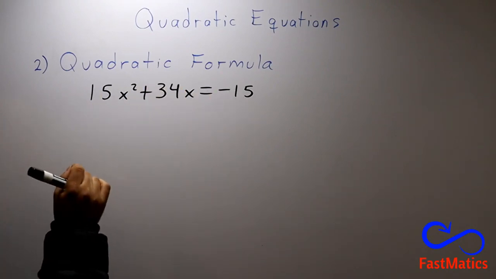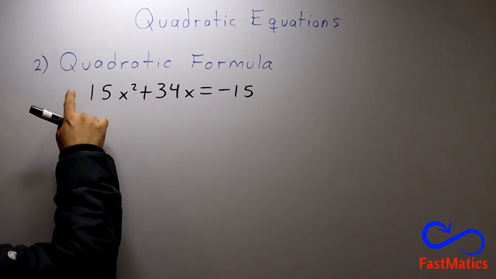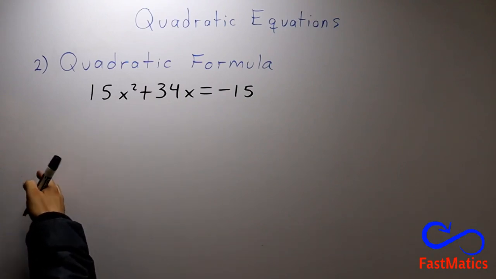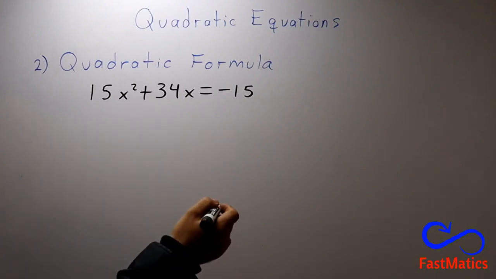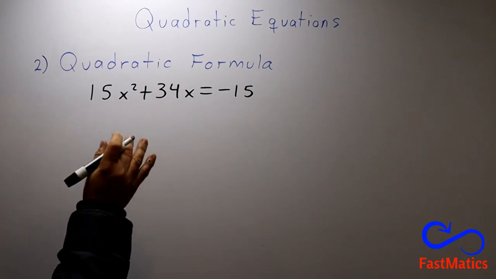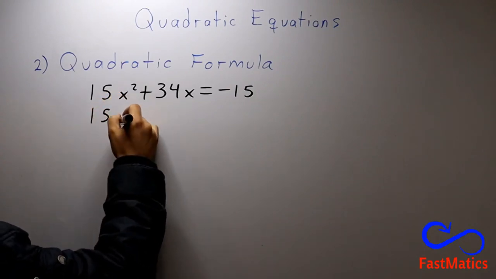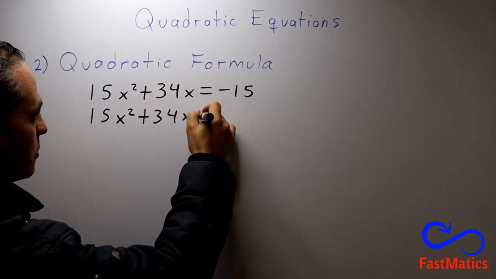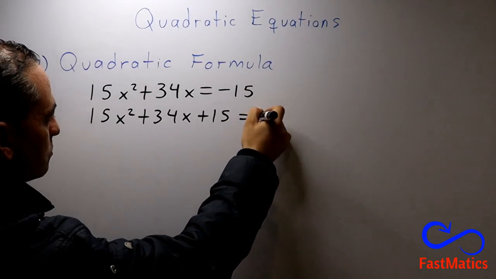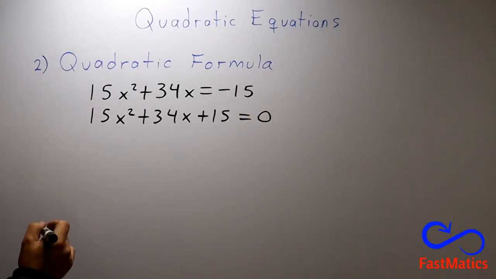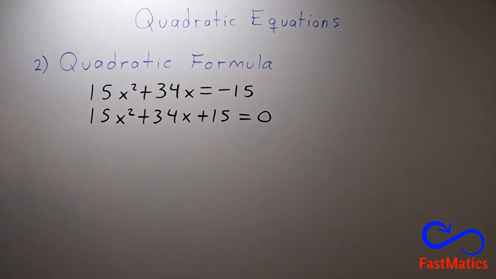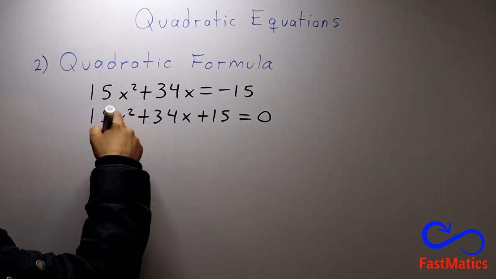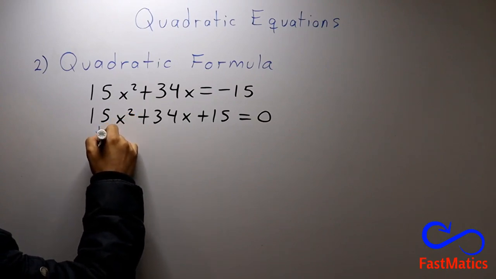It is very, very important, to start with the quadratic formula, to pass everything to the left side and put it equal to 0. Very, very important. So we write 15x squared plus 34x plus 15 equal to 0. After that, we're going to say that the number that is with the x squared will always be the a.